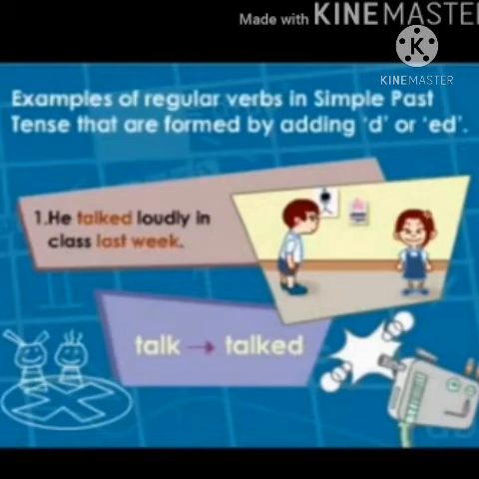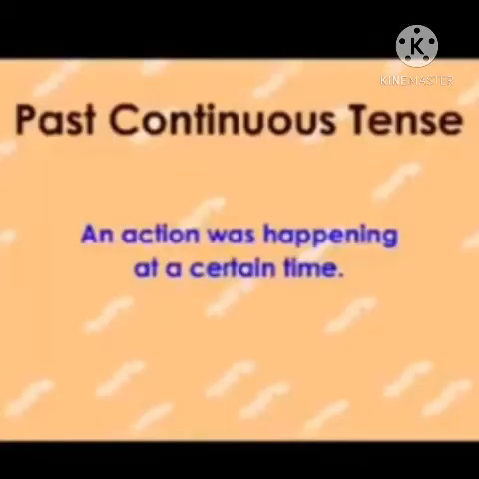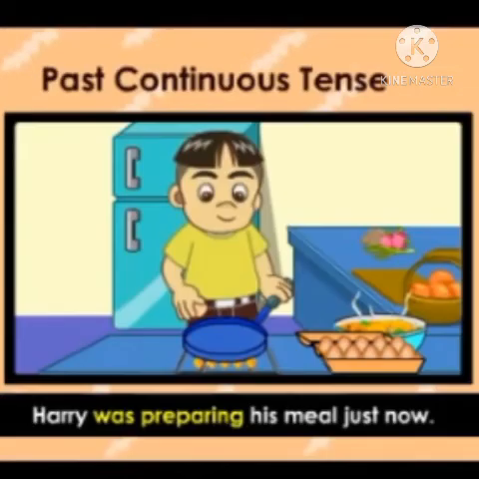Here we have added ED with the present form of verb talk to make it as a past form of the verb talked. While we use past continuous tense to describe an action was happening at a certain time. For example, Harry was preparing his meal just now.